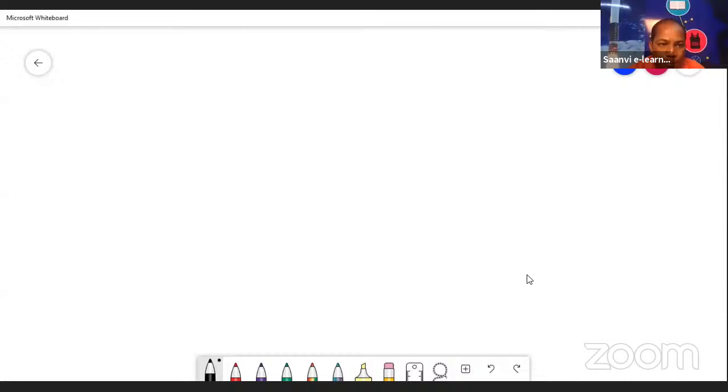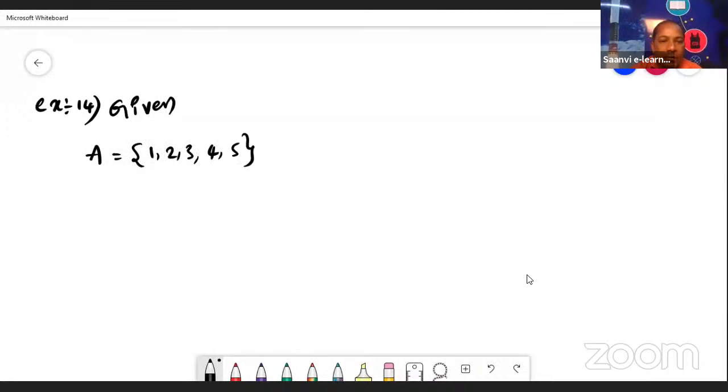See children, example 14. Given A is equal to the set of 1, 2, 3, 4, 5.